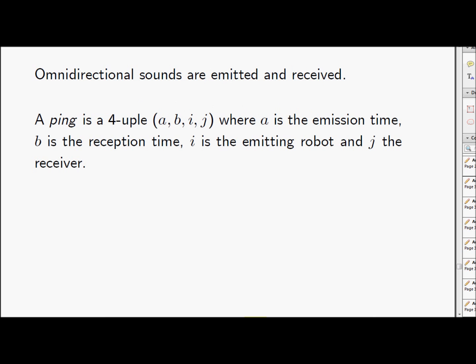What is a ping? A ping corresponds to one measurement. It will link the state of robots i and j at different times A and B. So it corresponds to the observation equation, the measurement equation. So i is the emitting robot, and j corresponds to the receiving robot.